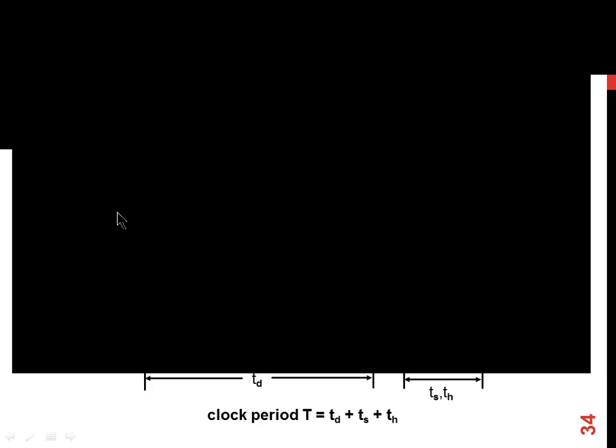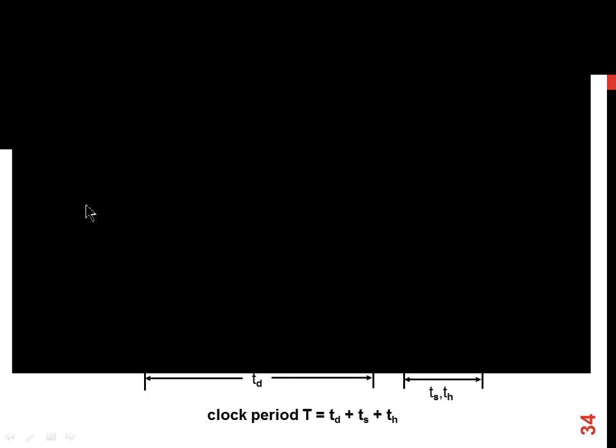So clock period is another concept that you probably have learned and you might know already. Clock period is the minimum clock period that you need to make your sequential circuit work.